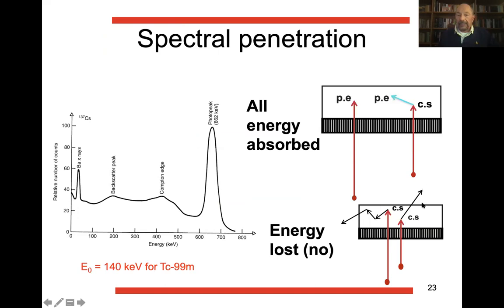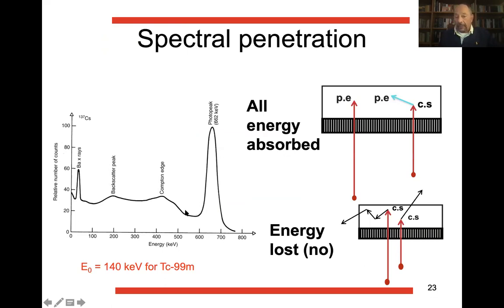The other point is the spectral penetration. You see, this is the spectrum of technetium-99. This is the energy and this is the relative number of counts. So you have a large photopeak at 662 keV.